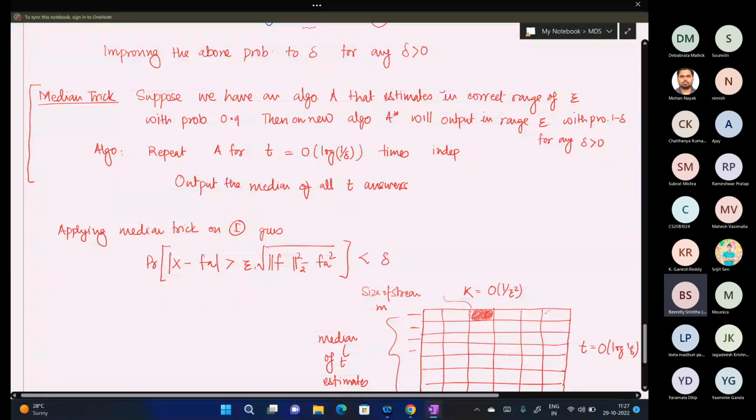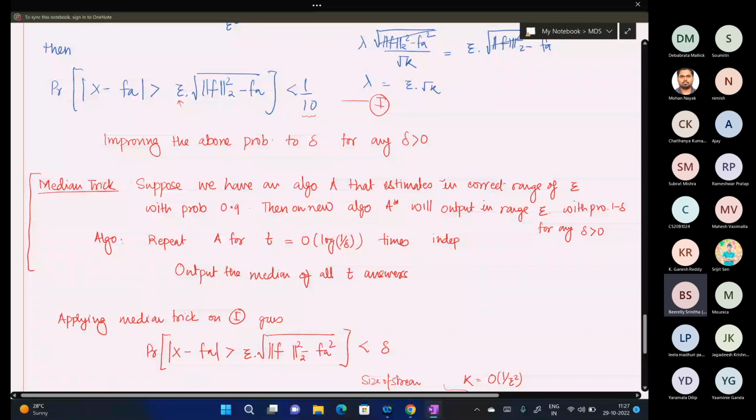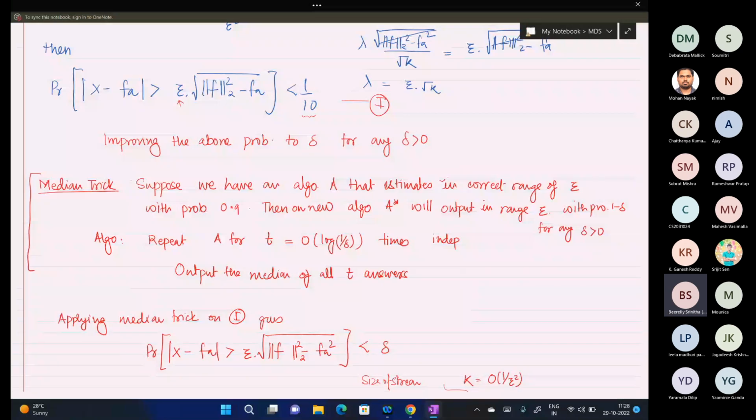Suppose we have some algorithm in which we get this sort of guarantee. This is in a way a kind of bad event, and its probability is upper bounded by, say, 1 by 10. But suppose we are not happy with 1 by 10. We want this to be as close to 0 as possible, maybe close to some delta, where delta can take a value maybe 10 raised to the power minus 5.